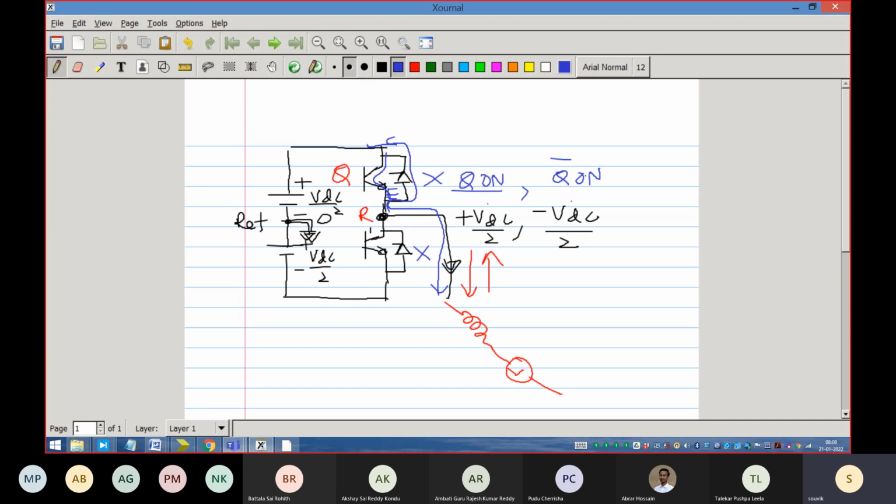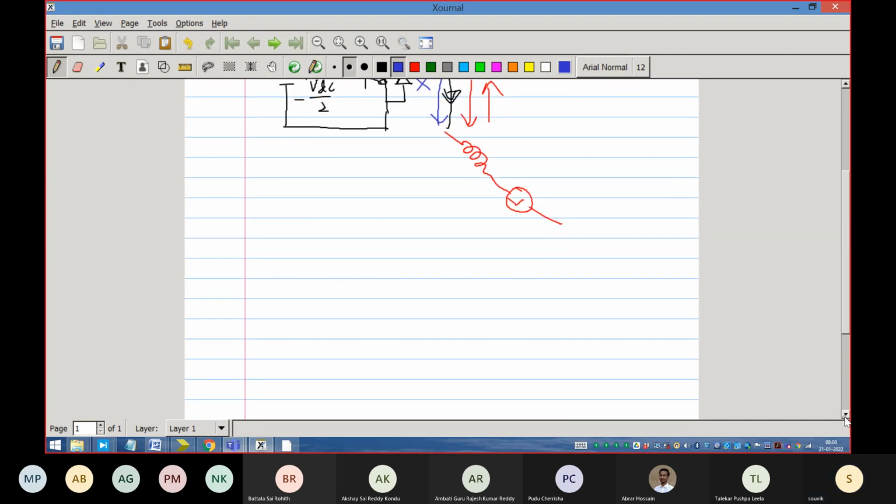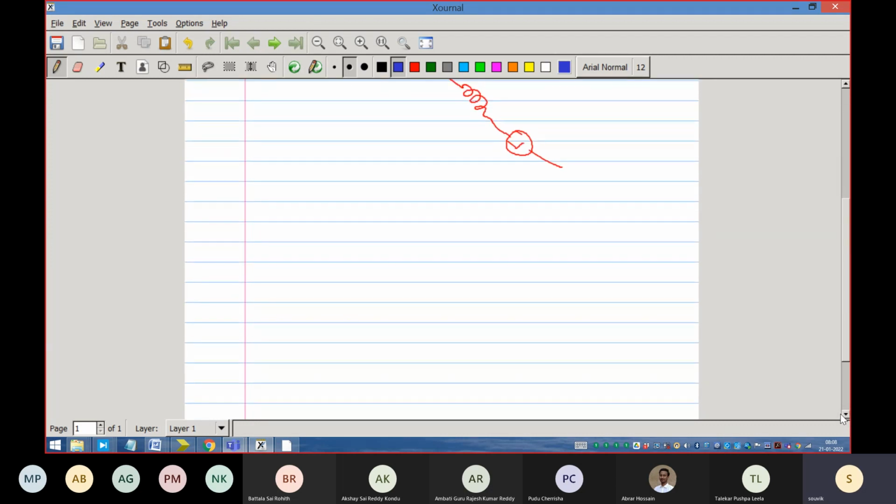So in today's class, we have seen the switching waveforms in the last class. We'll see what kind of harmonic profile those switching waveforms produce. We are using a square wave inverter, and we will see what kind of harmonic profiles they produce and what kind of issues they create in the machine.